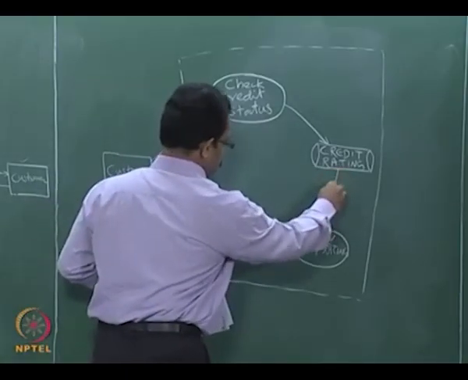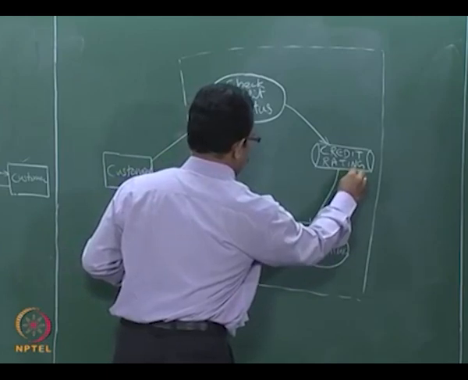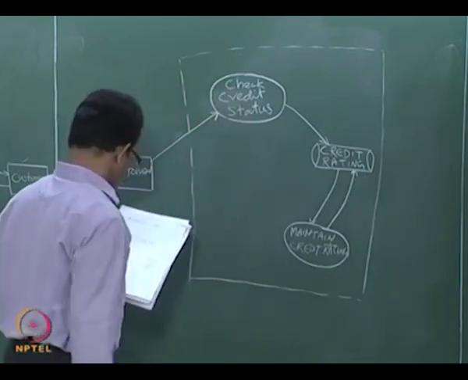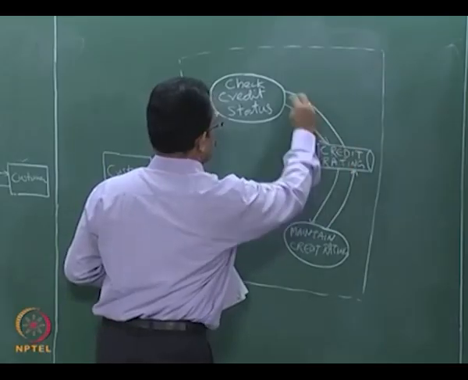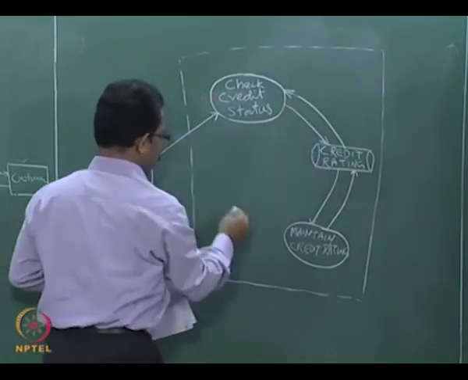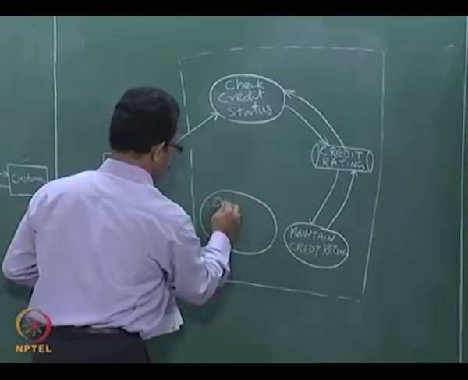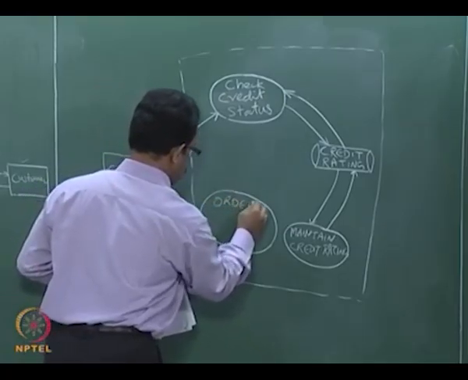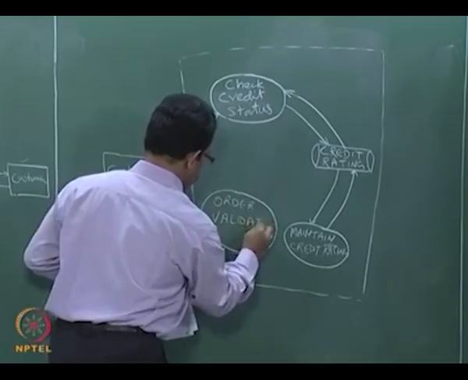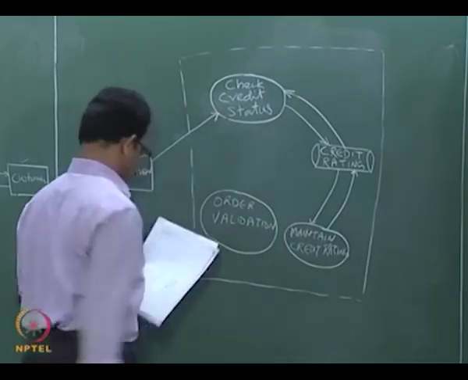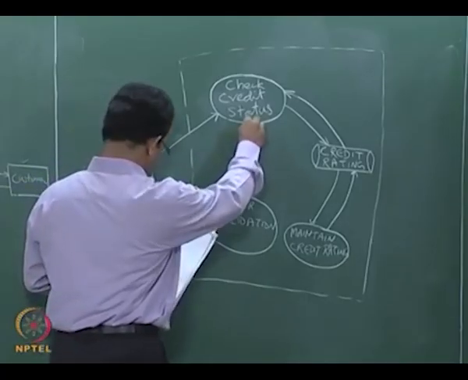Based on this there will be a data flow from here to here, and based on the information it receives, the order will be validated. So order validation will be another function. This is the order validation, and this will be connected here.